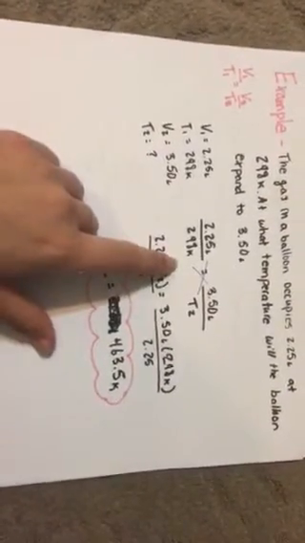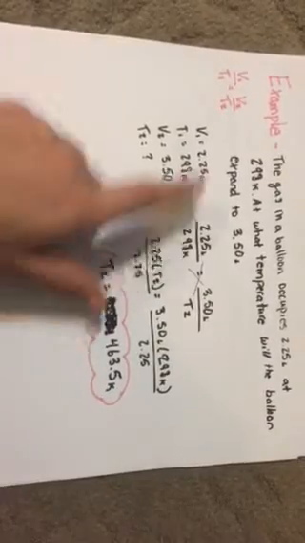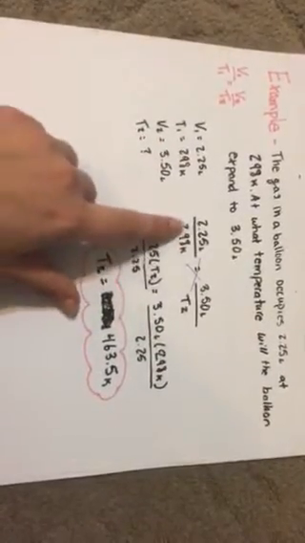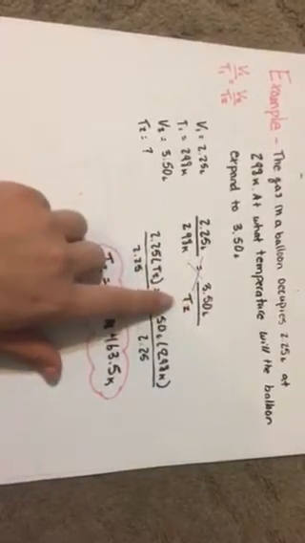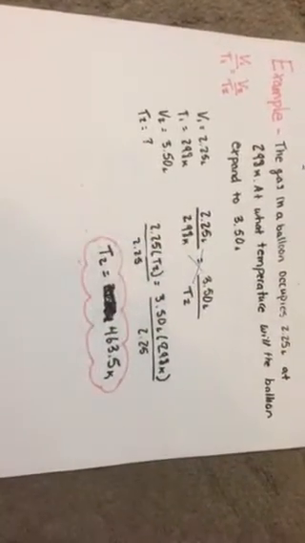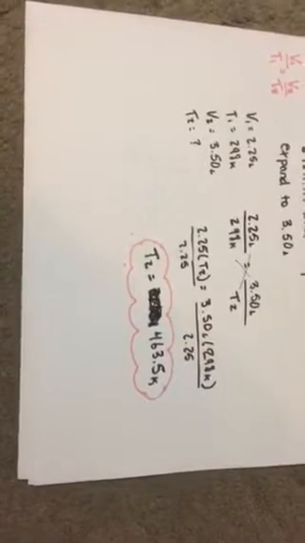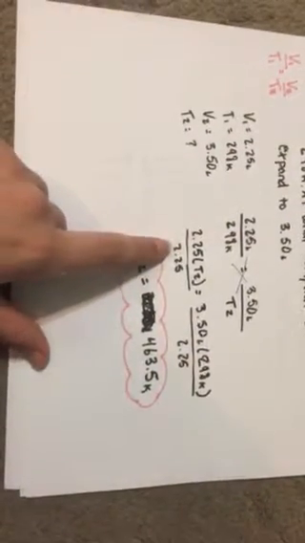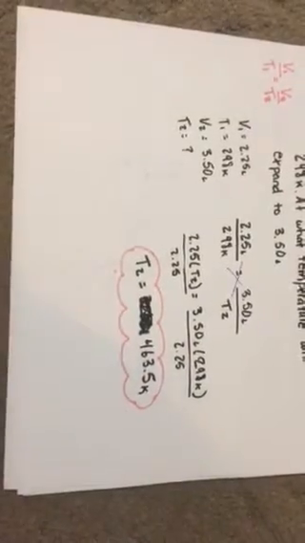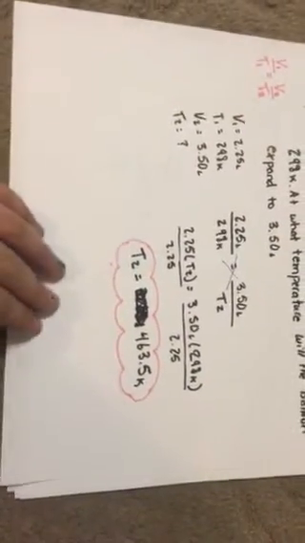This one you solve a little differently because now you have fractions. So you have the volume 1 over temperature 1, and then V2 over T2. So you would cross multiply, and then you divide V1 on both sides, and you get T2 equals 463.5 Kelvin.